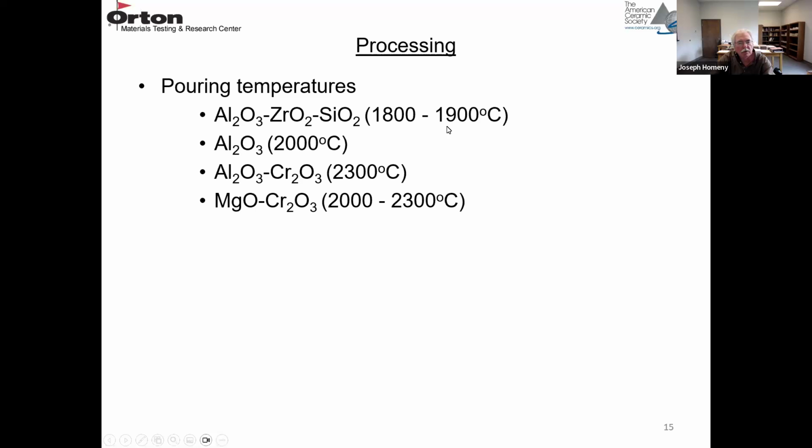So the pouring temperatures, AZS, alumina zirconia silica, is maybe 1800 to 1900 degrees C. Alumina is around 2000 degrees C. Alumina chrome is around 2300 degrees C. And magnesia chrome is about 2000 to 2300 degrees C. So all very high temperatures.